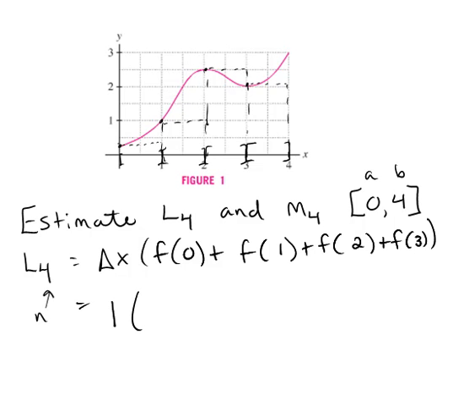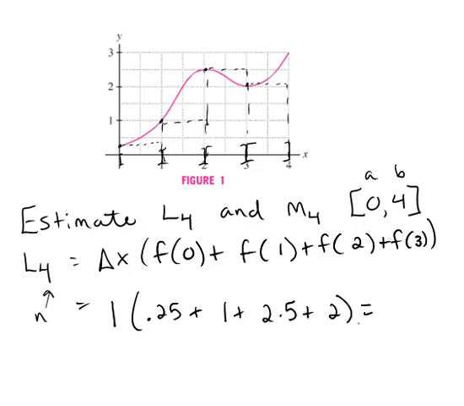And then f at 0, let's see, I would estimate that to be about 0.25 or so. It's clear that f at 1 is 1, f at 2 is 2.5, and then f at 3, let's see, f at 3 is 2.